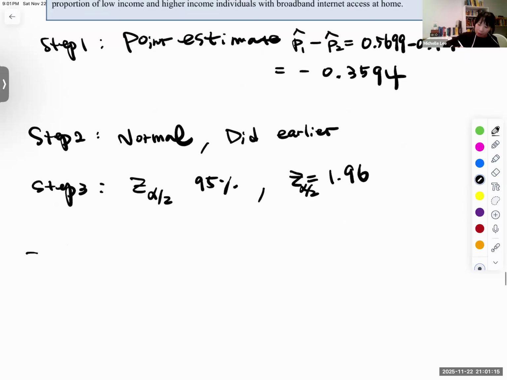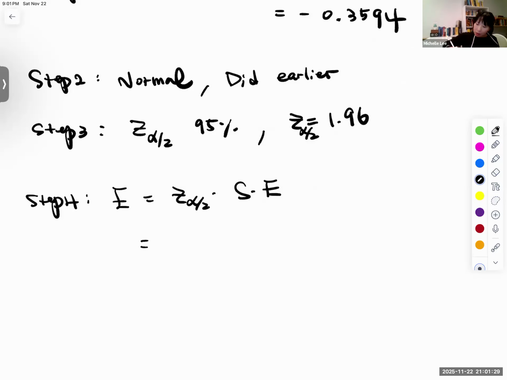And then step 4, the margin of error. So margin of error is the Z critical value times the standard error. But in that case, the standard error is the square root of p̂(1 minus p̂) over n.